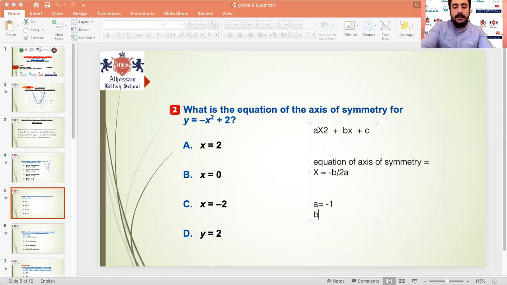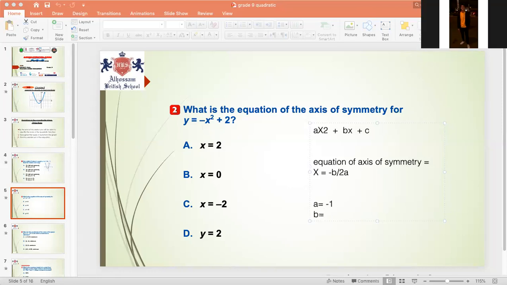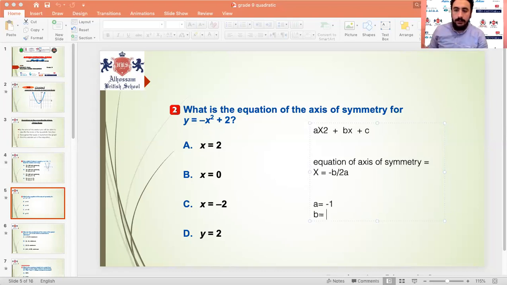Okay, what is the value of B? No, because B is the coefficient of X and there is no X, so that means B equal 0.